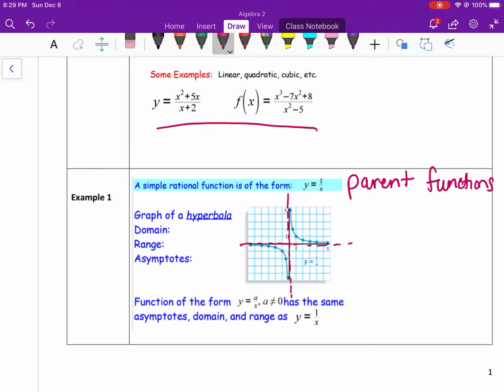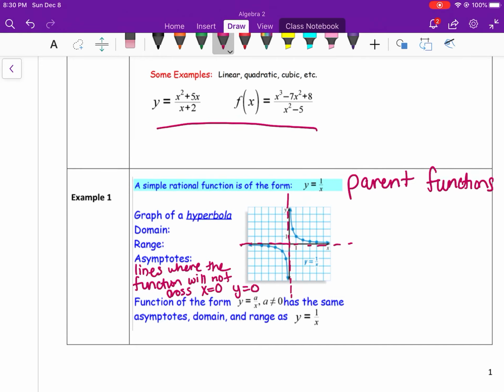Asymptotes are like invisible lines where the function will not cross. In this one, it's the line x equals 0, the y-axis, and the line y equals 0, the x-axis.